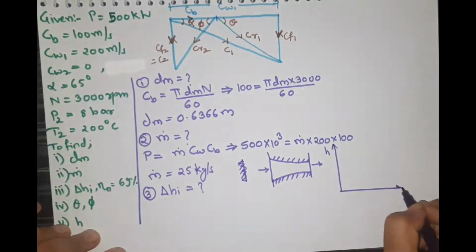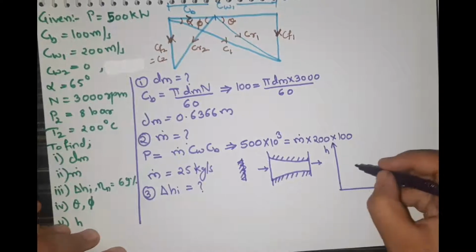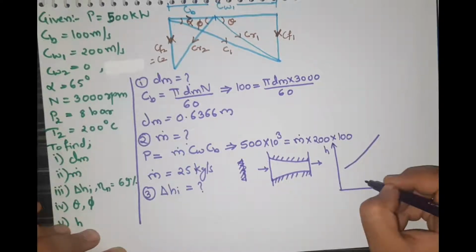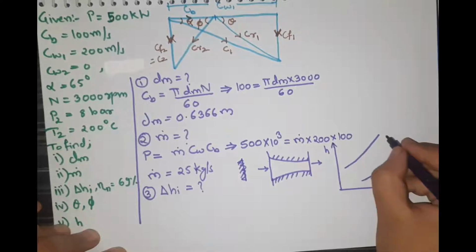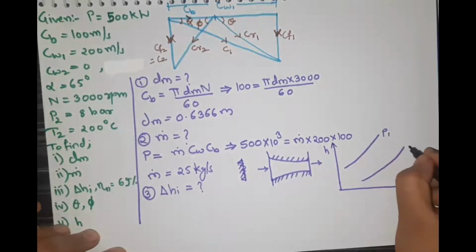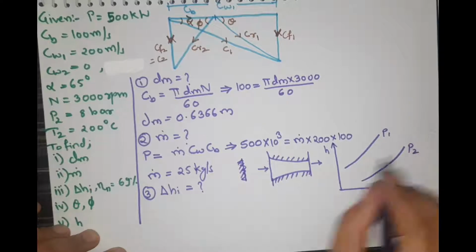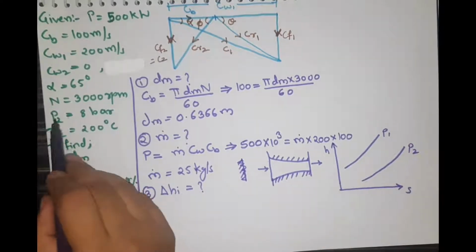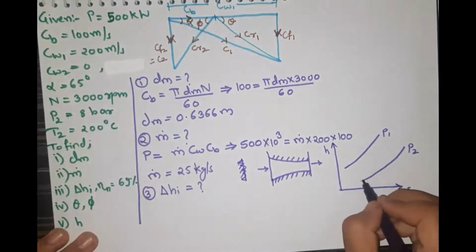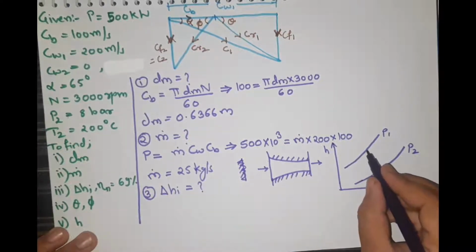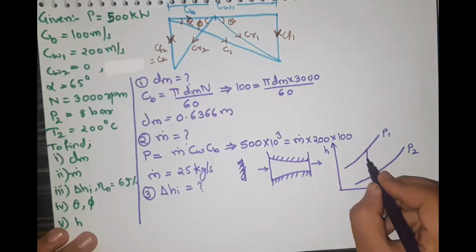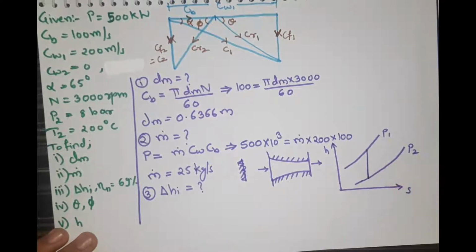on HS diagram. So let's say these are the pressure lines. This is the pressure at the inlet, so P1, and this is for P2. This is only for nozzle. Now don't consider this one. These are for the moving blade. So it is expected for nozzle that the pressure drop inside the nozzle should be an isentropic process.